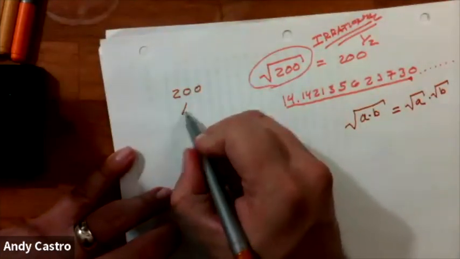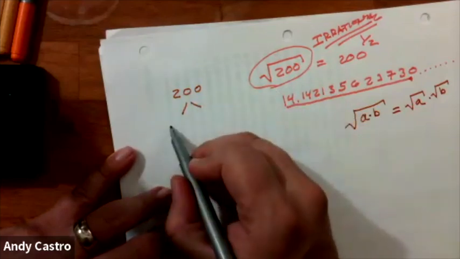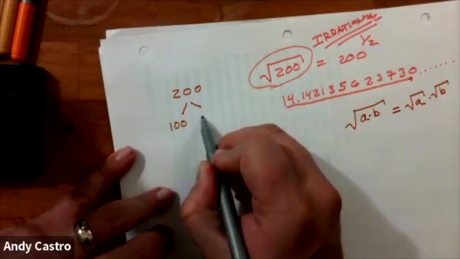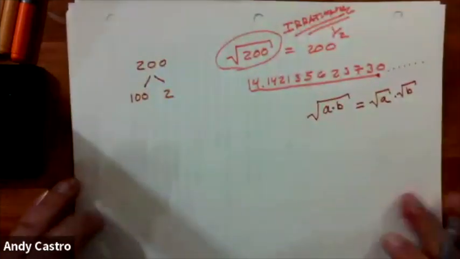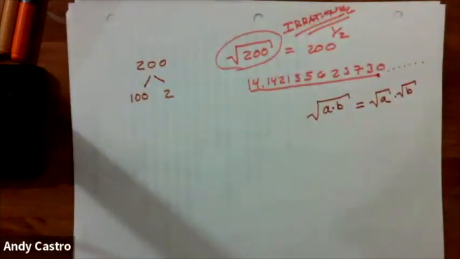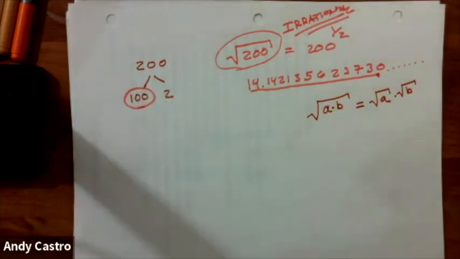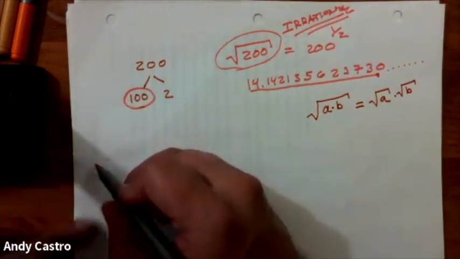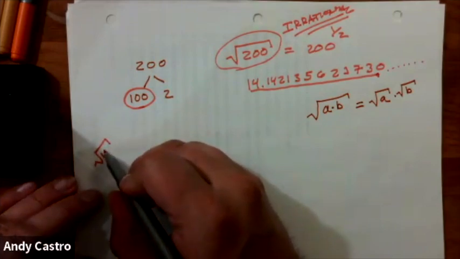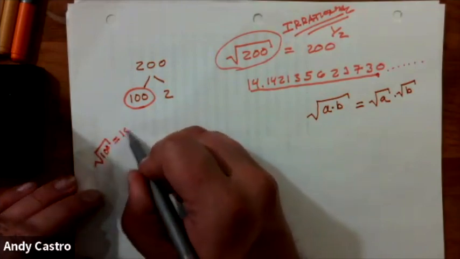I can break 200 into 100 times 2. The reason that I want to do that is because I notice here that 100 is a perfect square. The square root of 100 is 10.